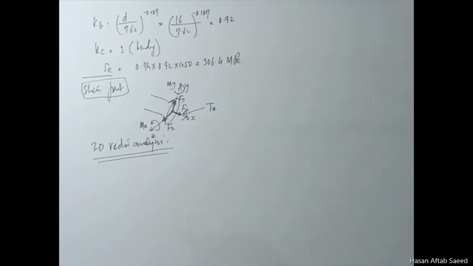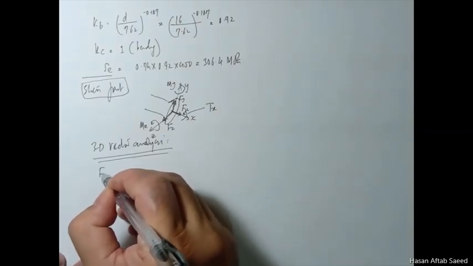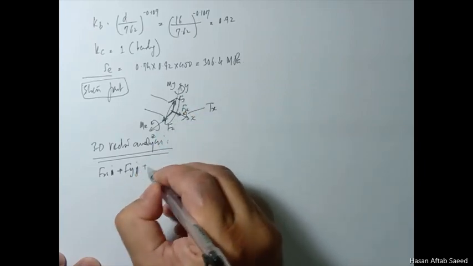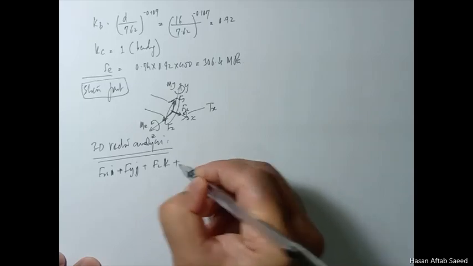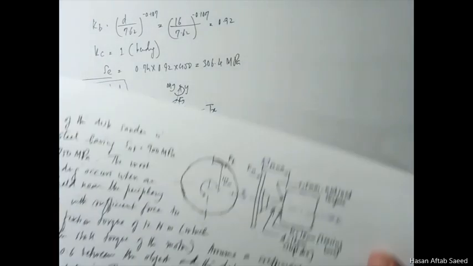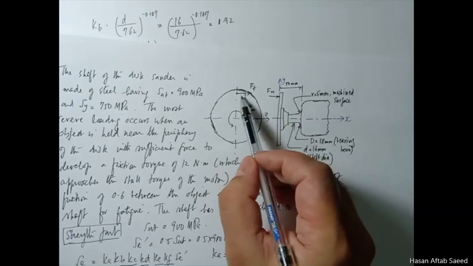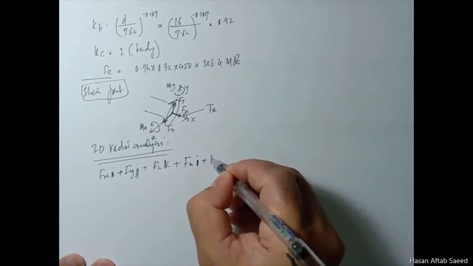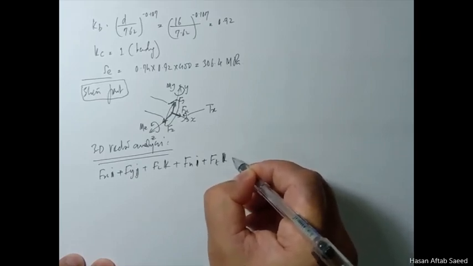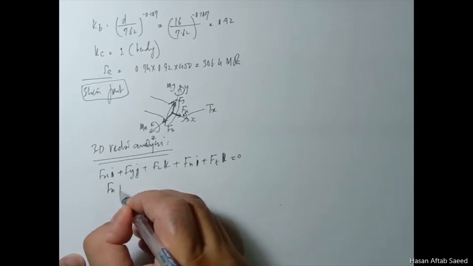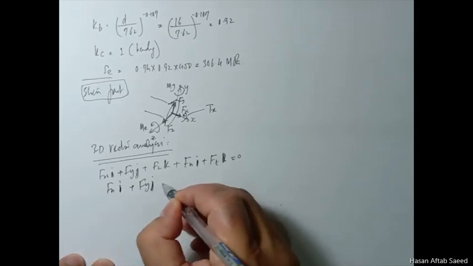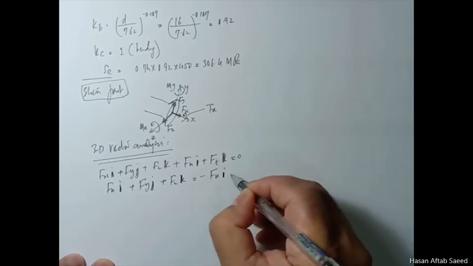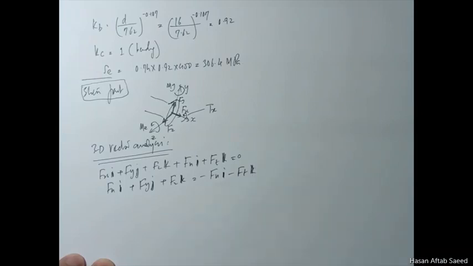So the force equation: Fx i plus Fy j plus Fz k, plus the other forces, Fn in the x direction and Ft in the z direction, Fn i plus Ft k, is equal to 0. You can rewrite it as Fx i plus Fy j plus Fz k is equal to minus Fn i minus Ft k.